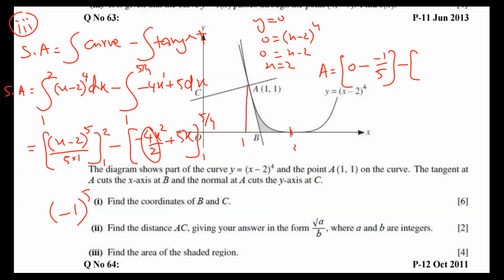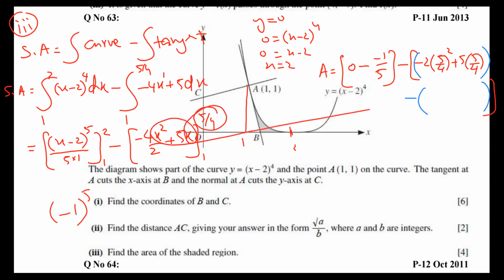I can show you negative 2, and in the bracket 5 over 4 whole squared plus 5 times 5 over 4. I'm doing it step by step, so you should not make any mistake. This bracket starts, this bracket finishes. Now the minus sign starts and finishes, and then a big close. I plug in 5 over 4 here, and I get this.